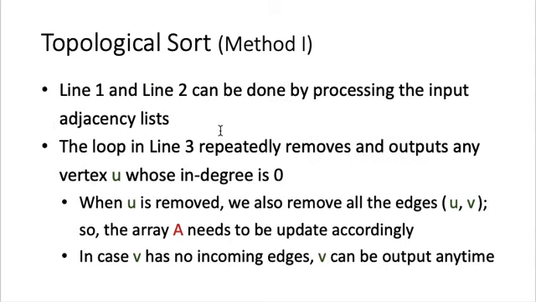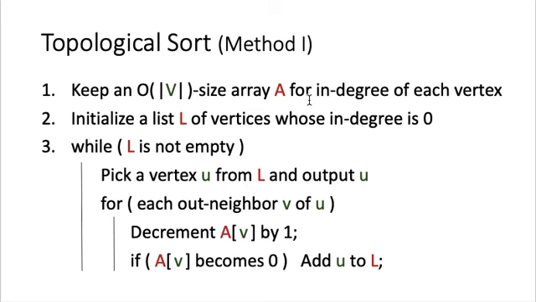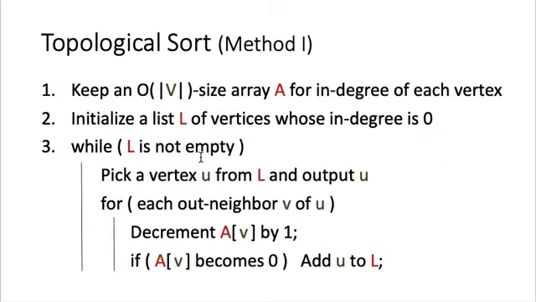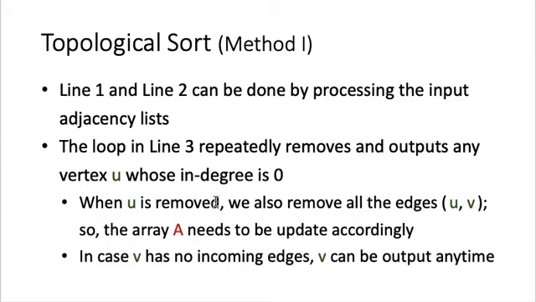Okay, so if you go back here, line 1 and line 2 is just the processing of the adjacency list, so it can be done in linear time. Now the loop in line 3, we will repeatedly pick a vertex and then remove the edges outgoing from this vertex. The time that we spend here is proportional to the number of edges connected to the node that is being removed.